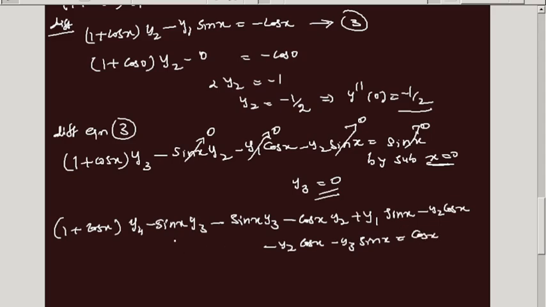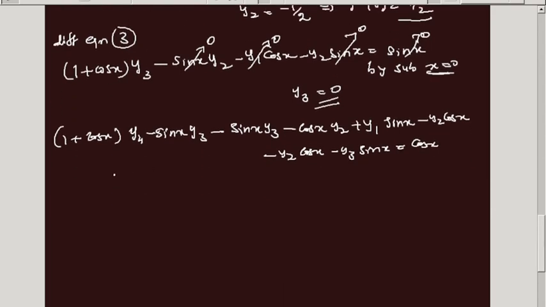Straight away we can substitute instead of simplifying. Wherever sin x is there, we get 0. Now we substitute only for these values.